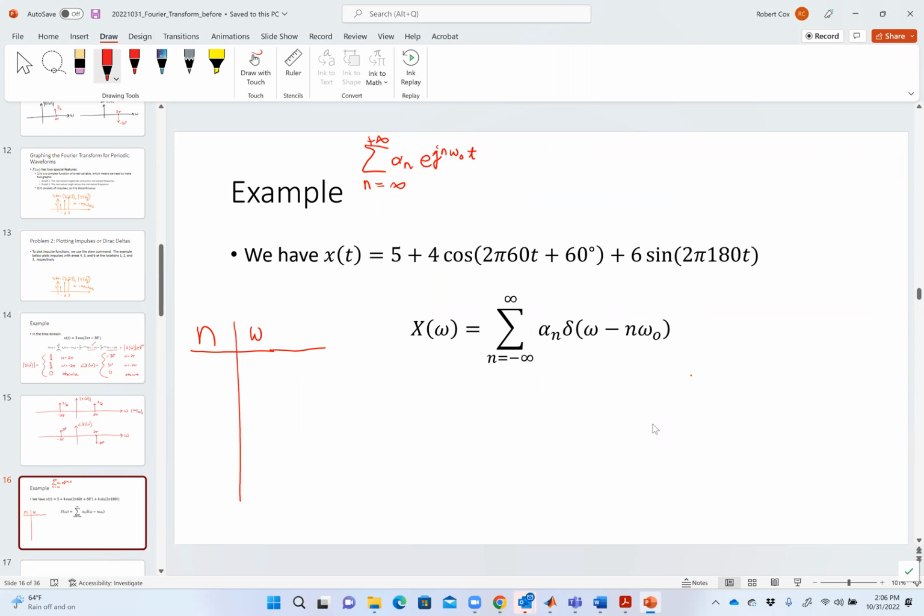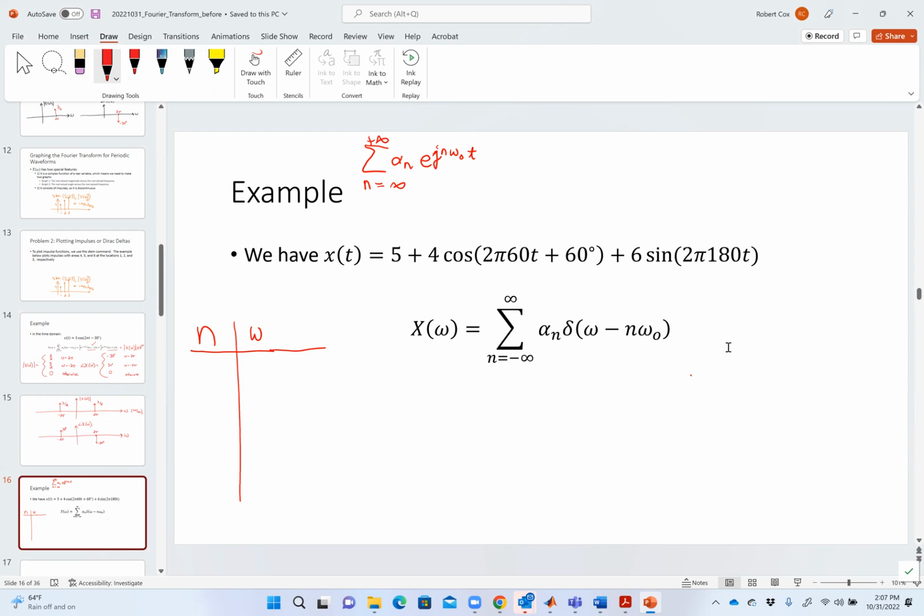What were the steps? The first step was to figure out what the alpha n values are. The second step is to map those alpha n values to the right frequencies. And the third step is to figure out how to get them into this x of omega formula. That's what you do in problem 3.